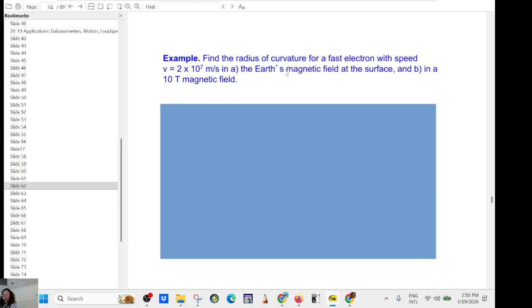B is changing. You get about 11.4 times 10 to the negative 6, so a much smaller radius because there is more steering. You can tune the magnetic field. If you increase it, the turn is going to be sharp. Are we good?